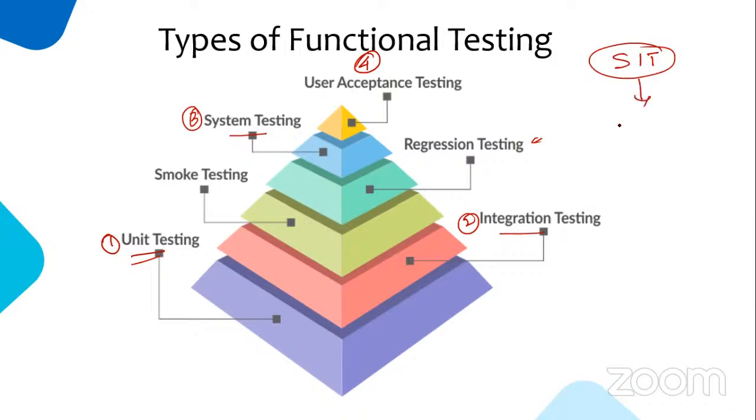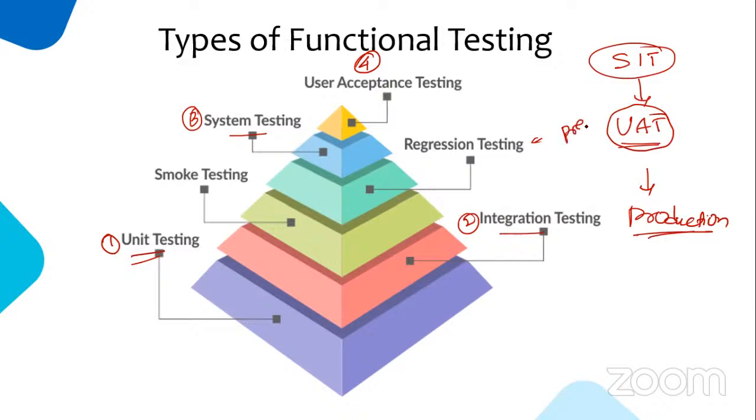Once they have tested, there is something called UAT, user acceptance testing. This means that before production, the live final environment, we create an environment somewhat similar to production.